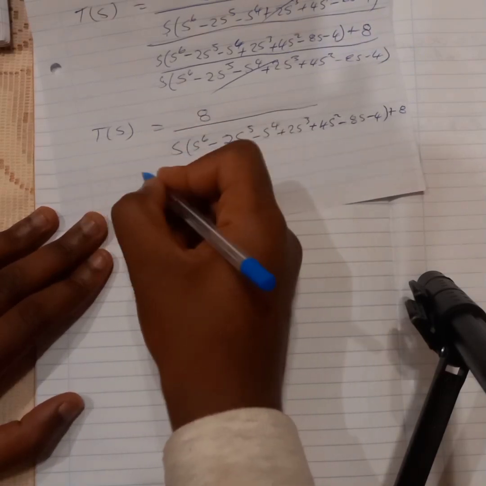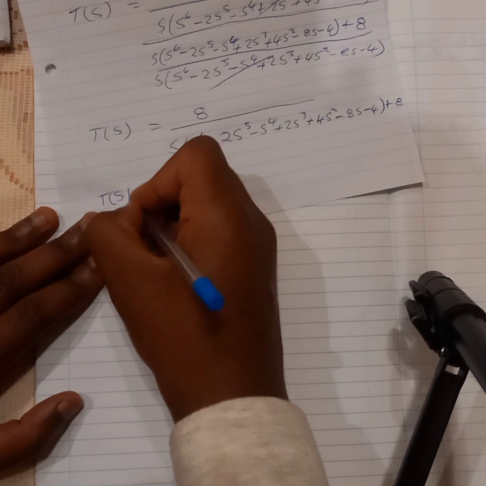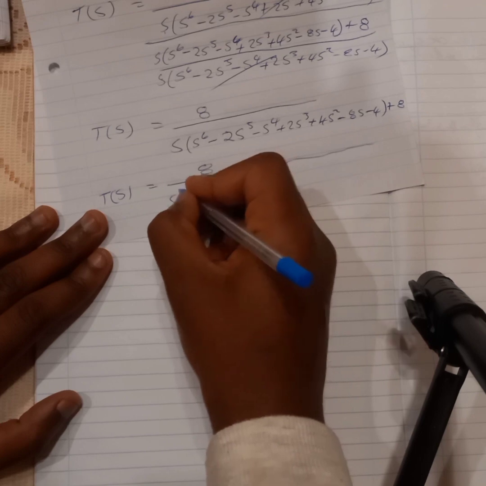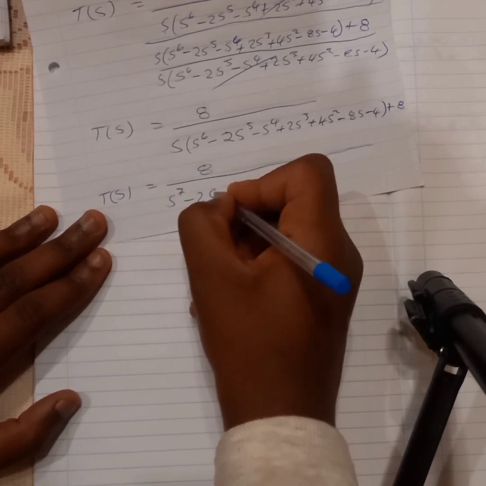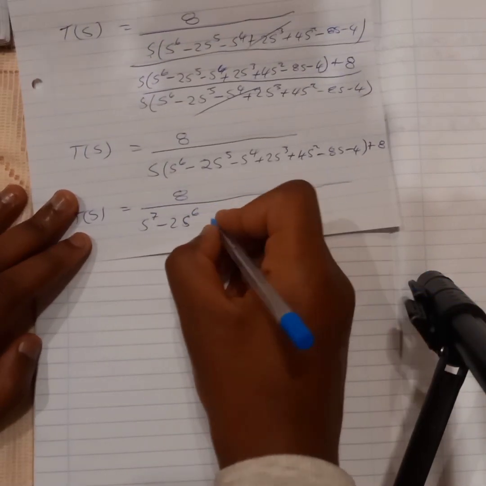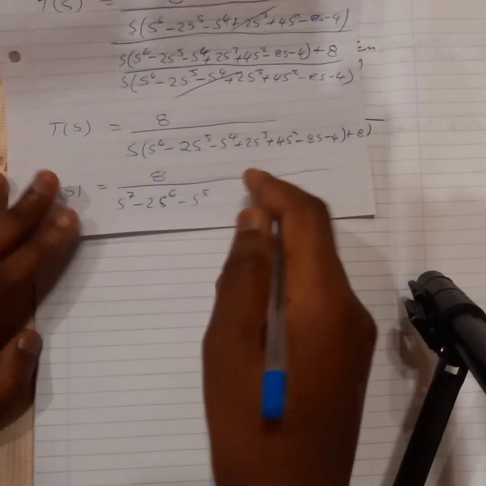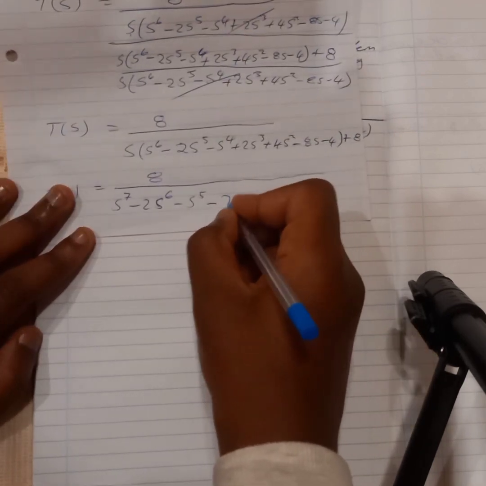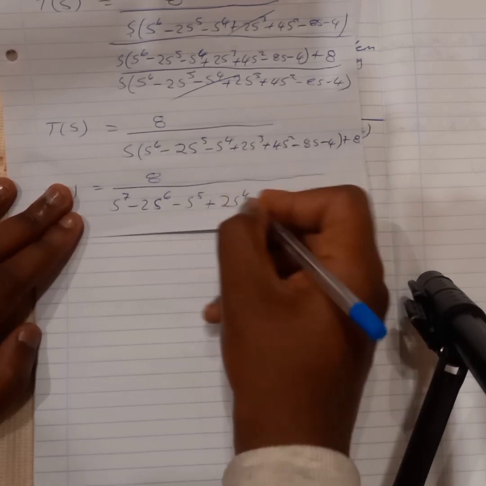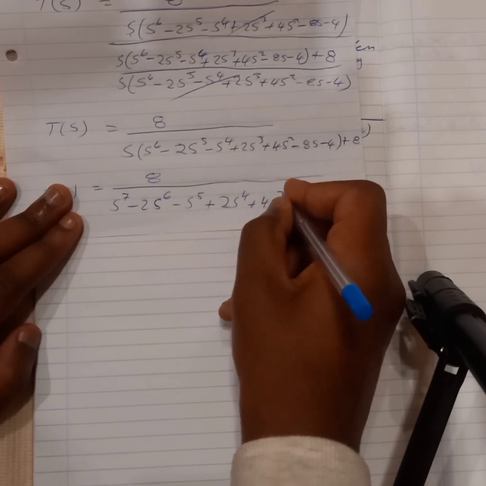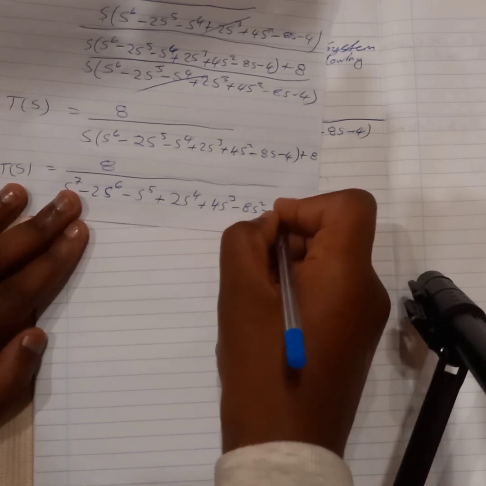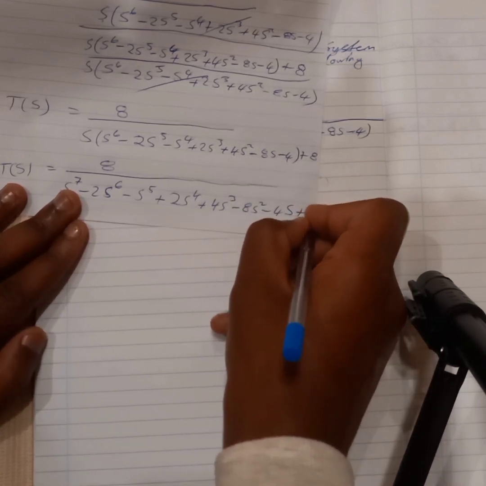So we are going to have T(s) equal to 8 over s to the power 7 minus 2s to the power 6, minus s to the power 5, plus 2s to the power 4, plus 4s to the power 3, minus 8s squared, minus 4s plus 8.